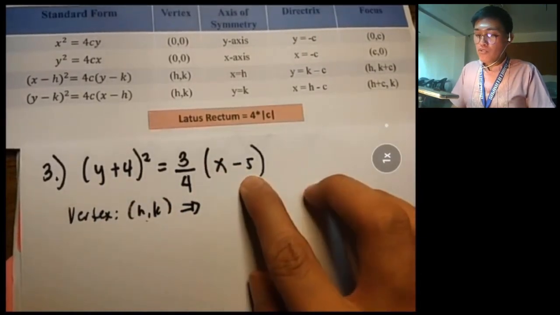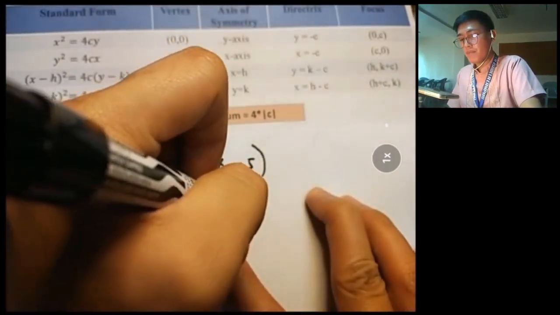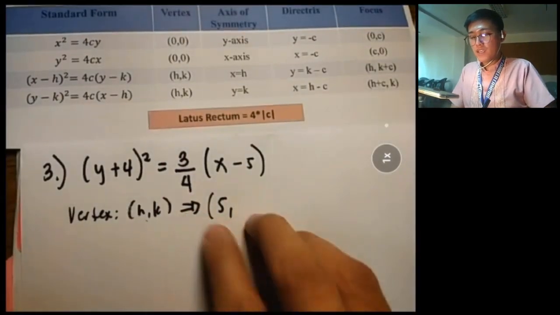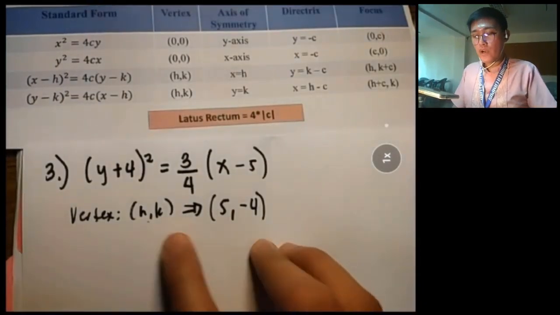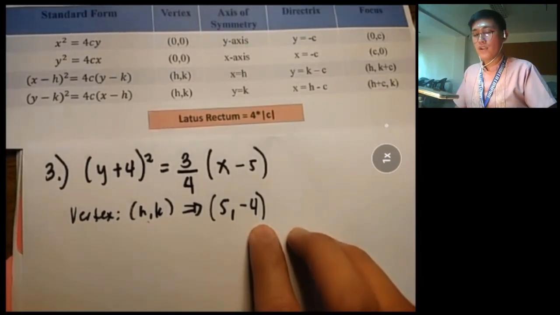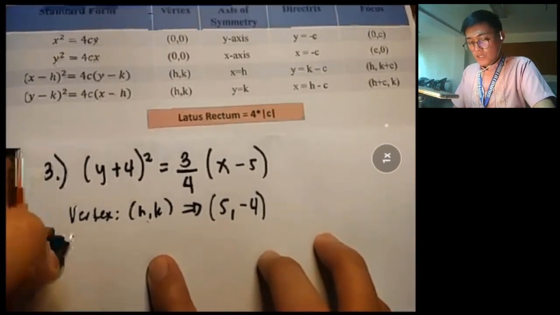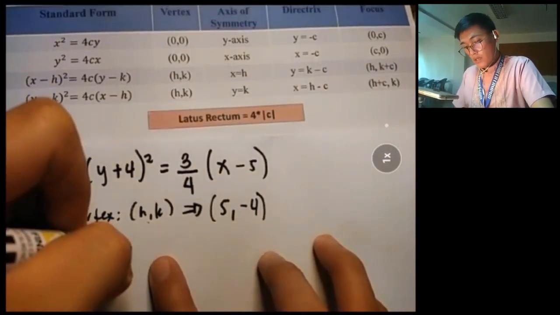Sabi ko sa inyo, kung negative 5 dito sa standard form, ipupunta mo dito sa vertex magiging positive 5. Dito naman magiging negative 4. And we have now our h and our k, 5 and negative 4. So we got it. Now, let's proceed with the axis of symmetry.